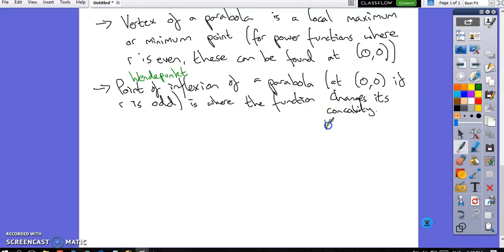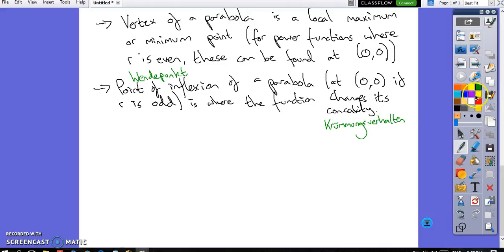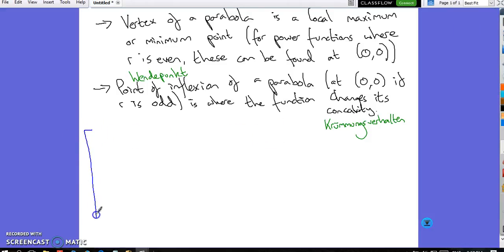And concavity, I'll also give you the German word for. And I'll do a kind of aside in blue, because this is just a little recap from last year.